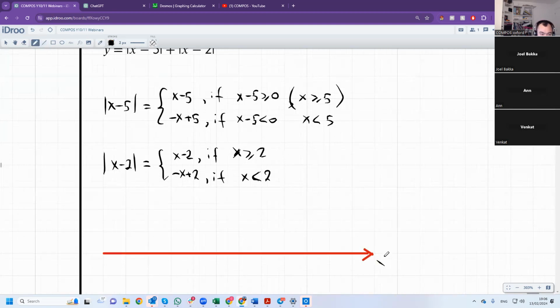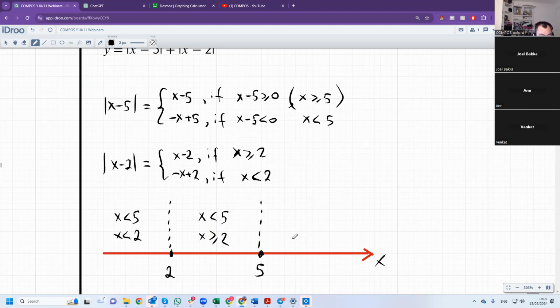So there's x. This is 2. This is 5. If x is less than 2, it's also less than 5. Between 2 and 5, x is less than 5, but it is greater or equal to 2.